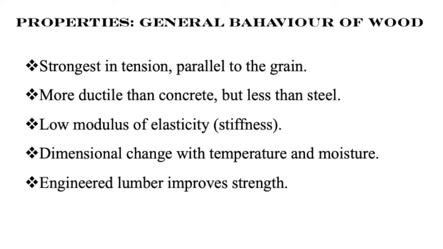In terms of application, if it's strong in tension, you would think of the loading capacity of a product you're making. If it's intended to carry weight, then you would design it in such a way that the tension is applied parallel to the grain. That way, you get the most out of it.